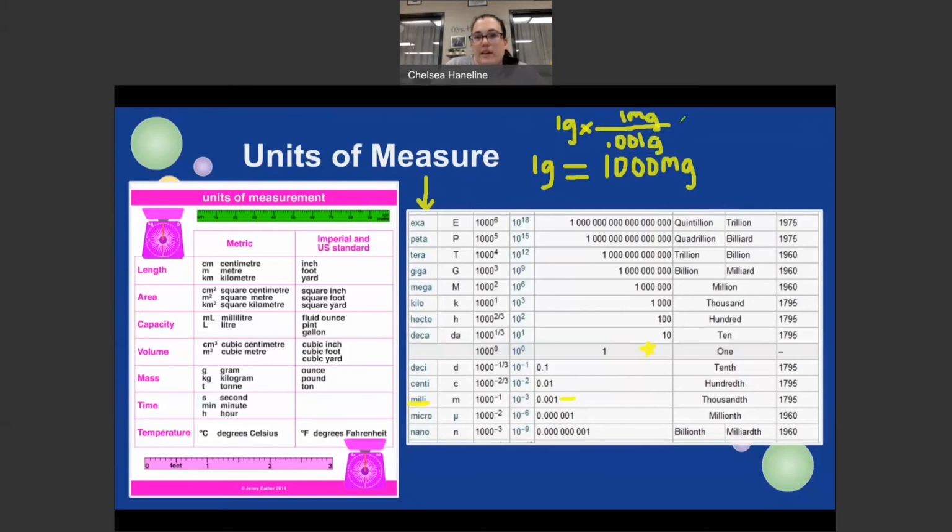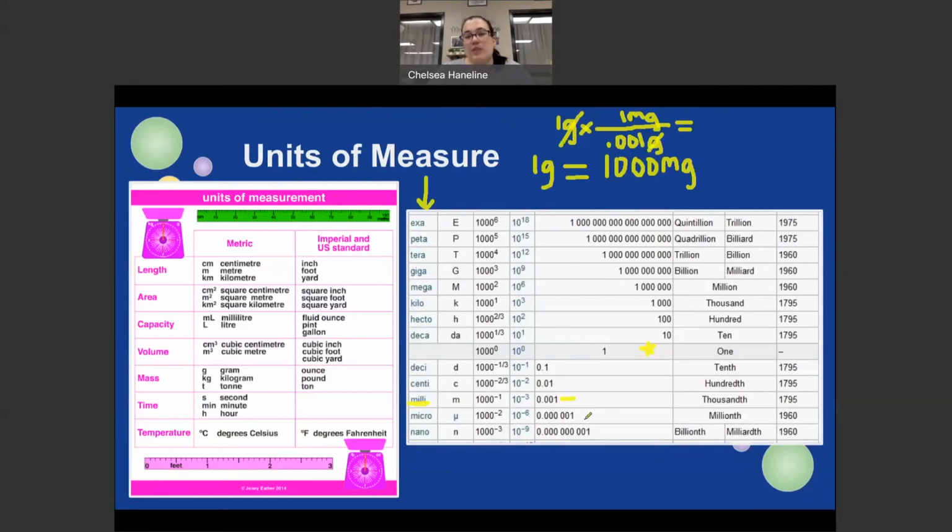1 milligram. Essentially here, your grams cancel out, and if you use a calculator, and you take 1 and divide it by 0.001, you get 1,000, and that's your answer.